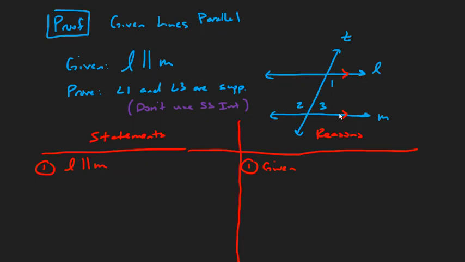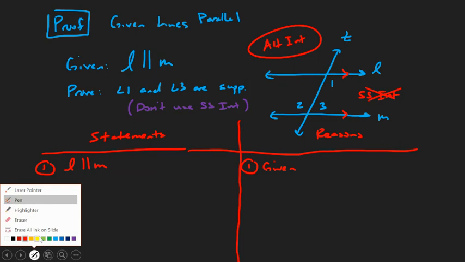Now, if we look at the picture, as I said, angle 1 and angle 3 are same side interior angles, but we're not going to use that, right? What other relationship do I see between my angles that are based off parallel lines? Well, what about angle 1 and 2? Angle 1 and 2 are alternate interior angles. I'm going to use that as my next statement.